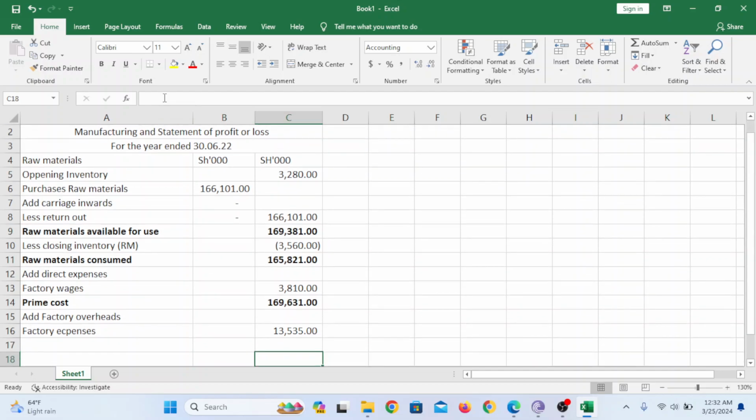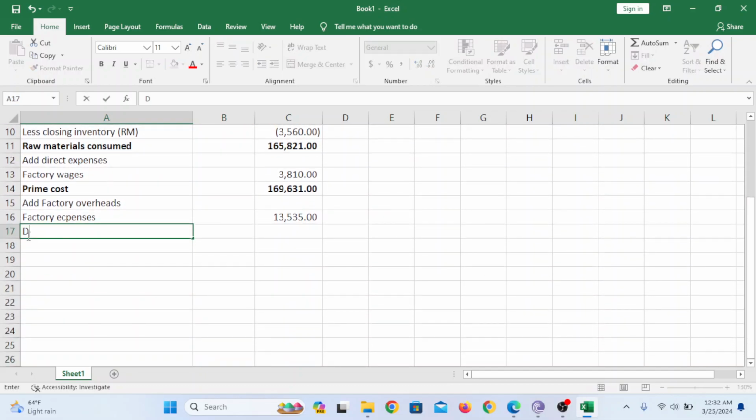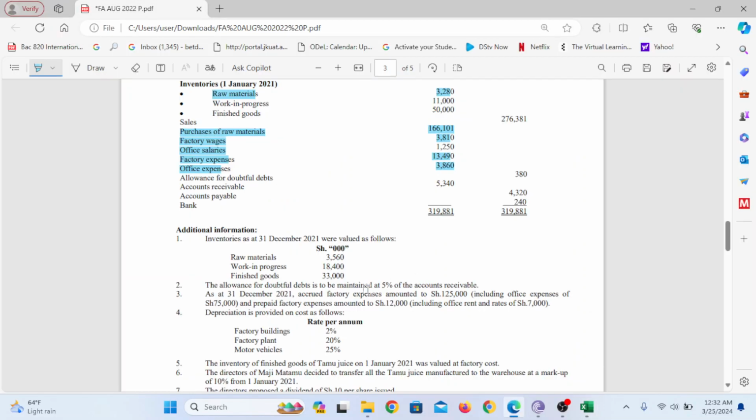Then there's another expense of factory, which is the depreciation of assets used in the factory. So we need to bring here depreciation. So the first depreciation is factory building. Now, for the factory building, we are told it is 2%, but it should be factory building alone.